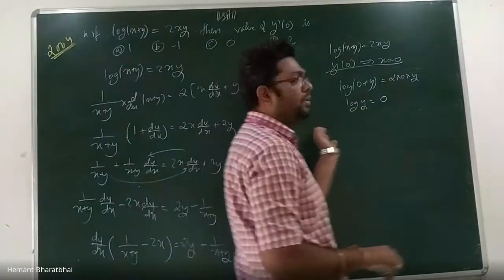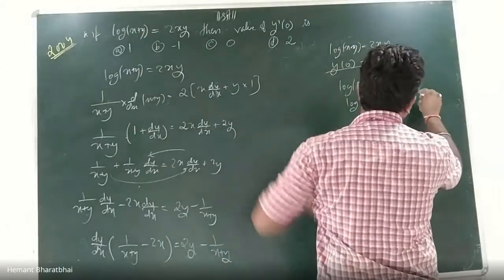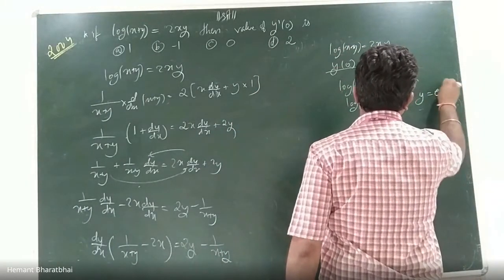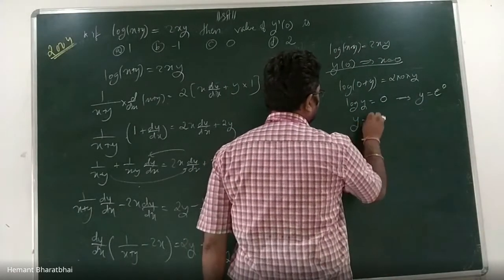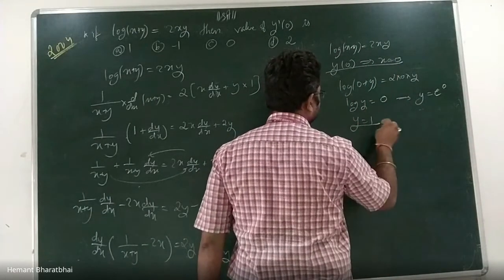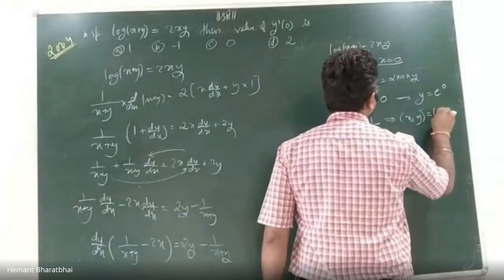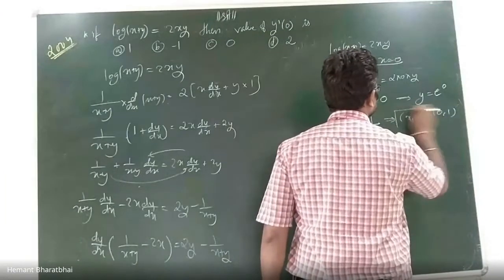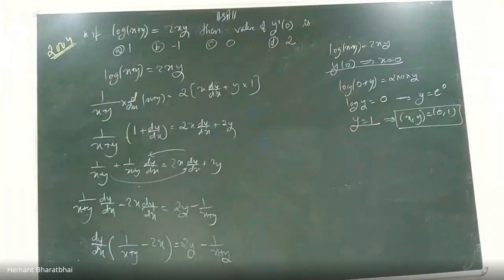I want the value of y, so I will take anti-log on both sides. Therefore, I'll get y is equal to e raised to 0, and we know e raised to 0 is 1. Therefore, y is equal to 1 when x is equal to 0. So I've got the point (x, y) is equal to (0, 1).